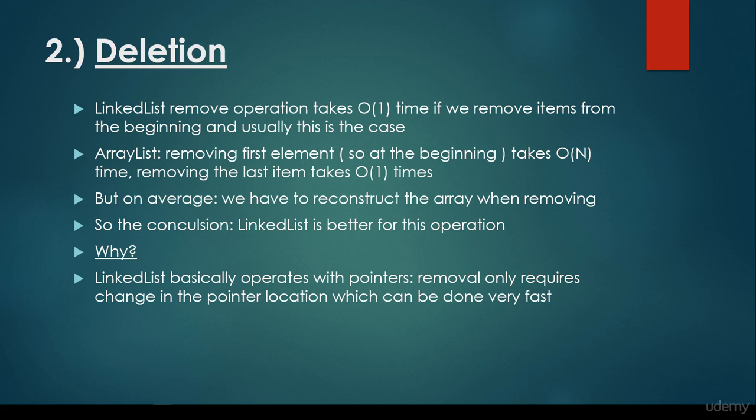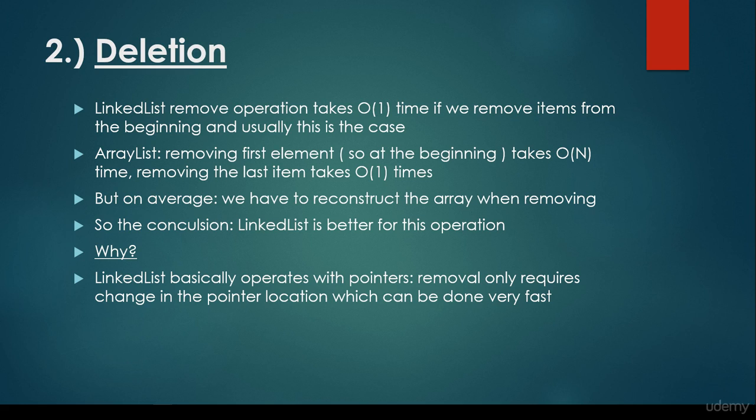On the other hand, for array lists, if we want to remove items from the beginning, it's going to take O(n), so linear time. And removing the last item takes O(1), so constant time.